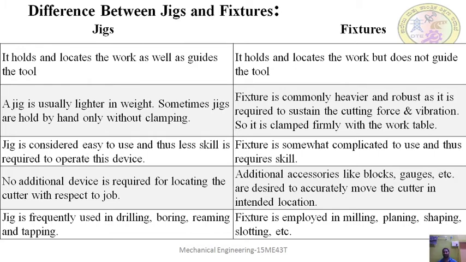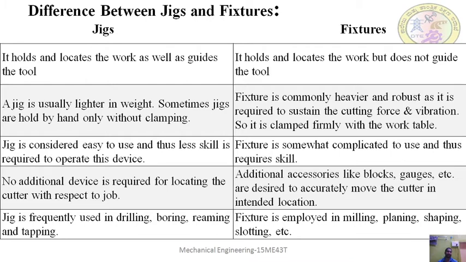Whereas in the case of a fixture, it will hold only the workpiece. The remaining operation you have to do by your knowledge, marking the dimensions accurately. If there is a hole and you have a coordinate dimension, or pitch circle diameters, if you are machining on a circular component, you have to mark the coordinate dimensions of all the holes by measuring accurately using the height gauge and everything.